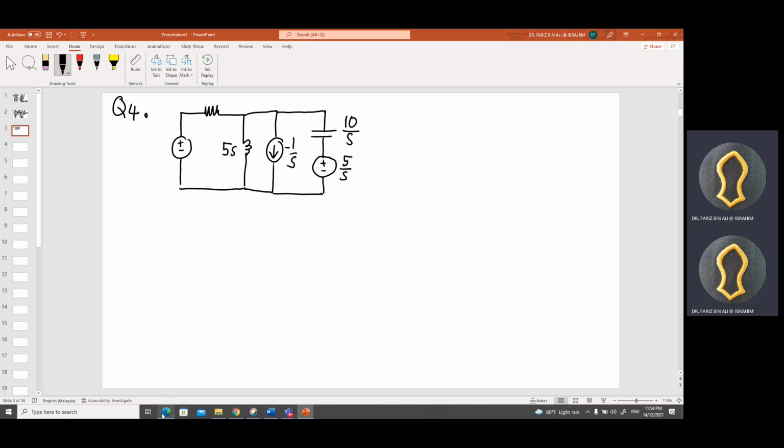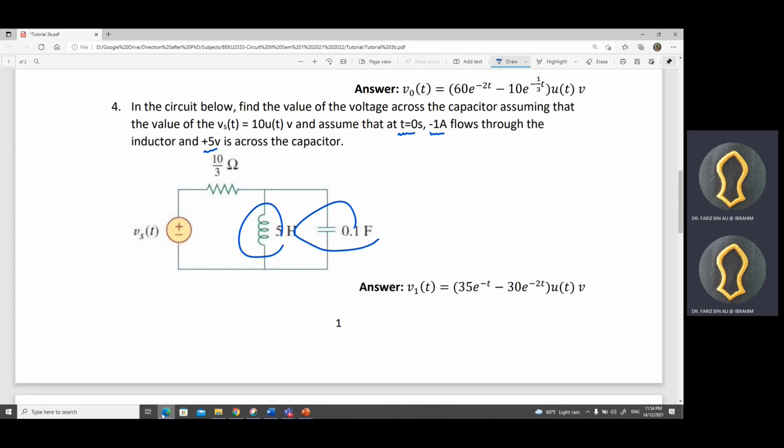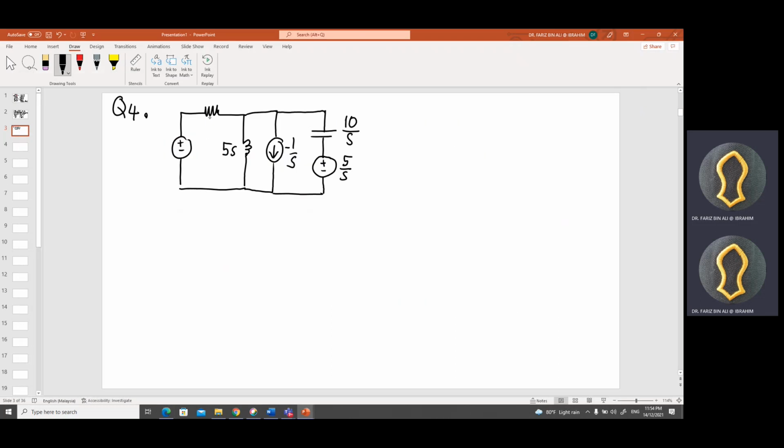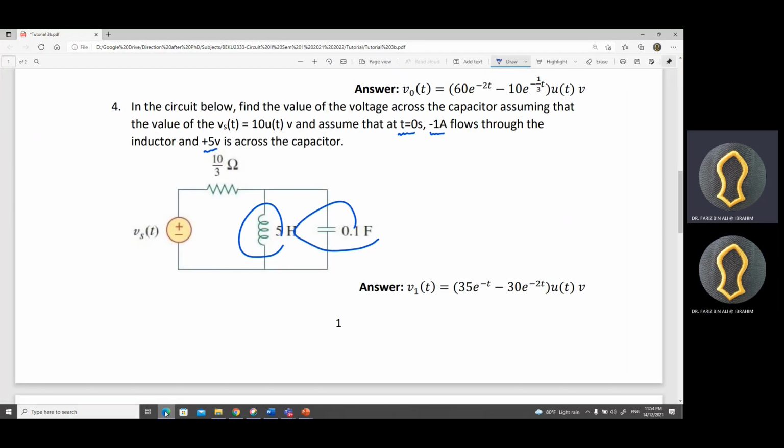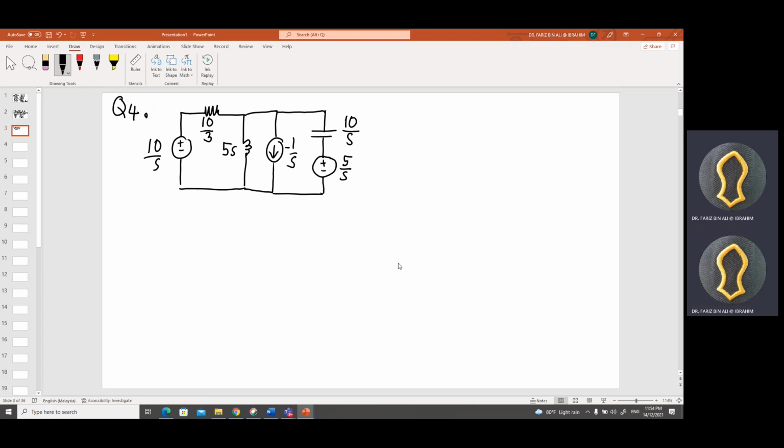What about the resistor? 10 over 3. The resistor here is maintained as it is, 10 over 3. And then the supply is 10 over S, because it is a 10 volt step, so it's going to be 10 over S. That's it.